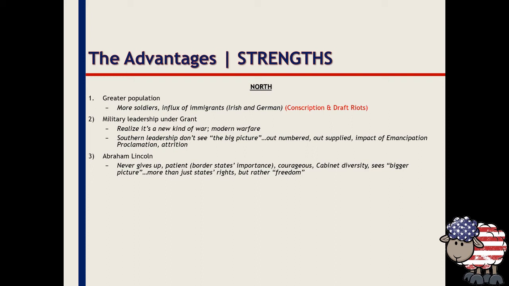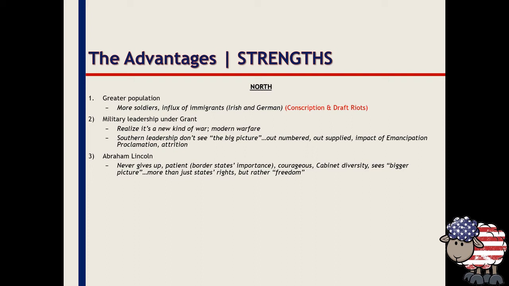William Seward was not happy that Lincoln got the Republican nomination for president in 1860, but yet Lincoln brought him on as the Secretary of State. And then he also sees the bigger picture. It's more than just states' rights, but especially after the Emancipation Proclamation, which is the formal declaration making the war about slavery and ending slavery. Lincoln had always kind of viewed this as a war against freedom.